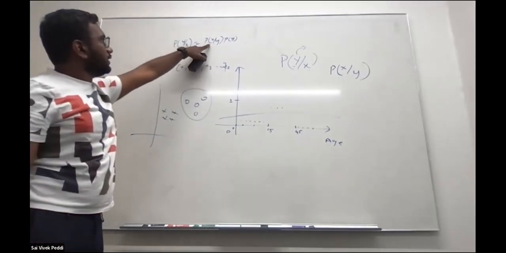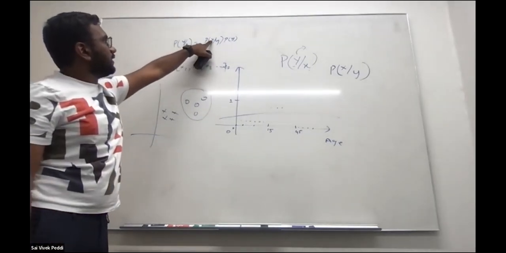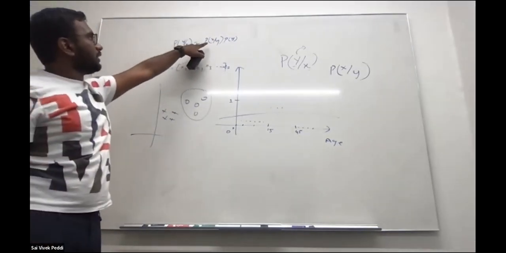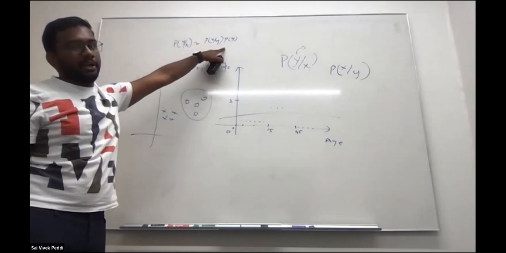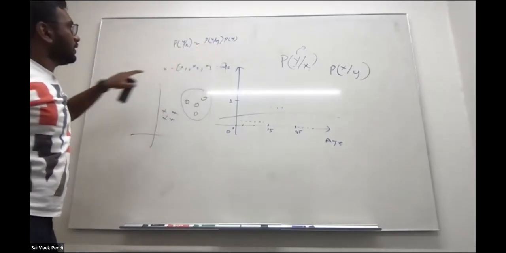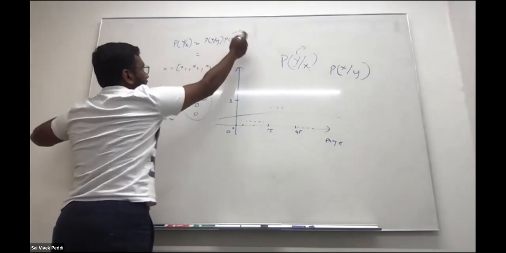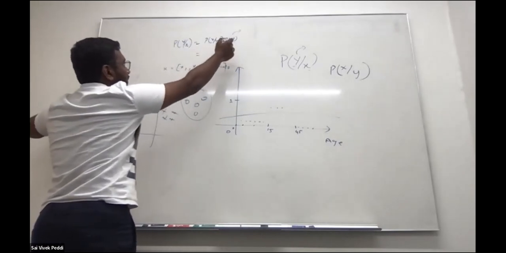Since x is a feature vector, we'll take a naive assumption that x values are independent of one another. P of y is like a prior probability, kind of like a constant.